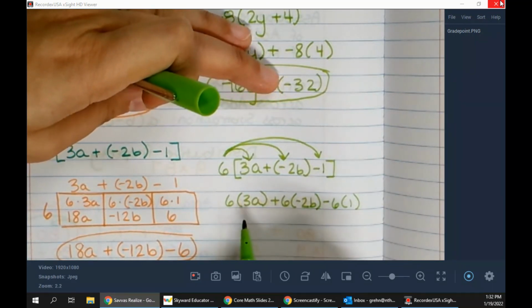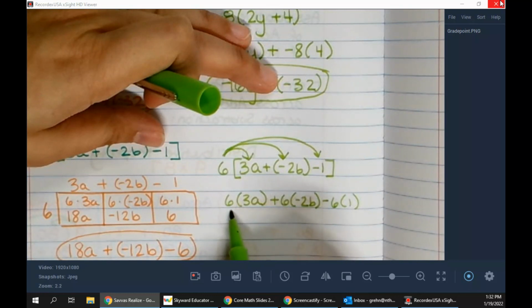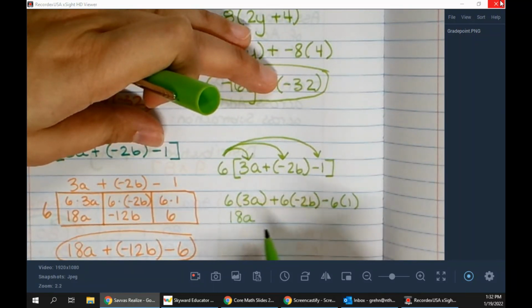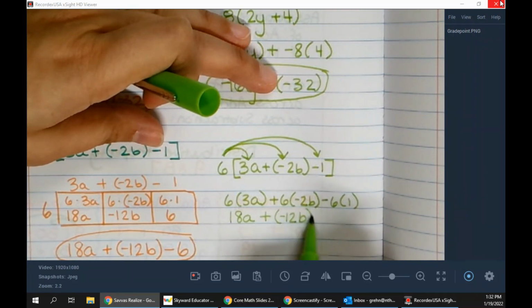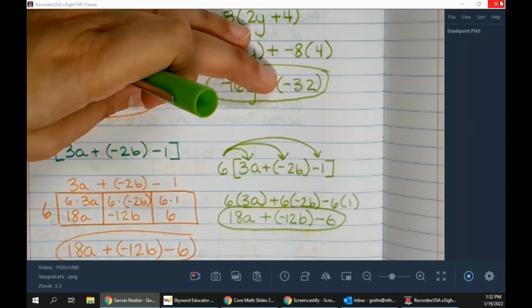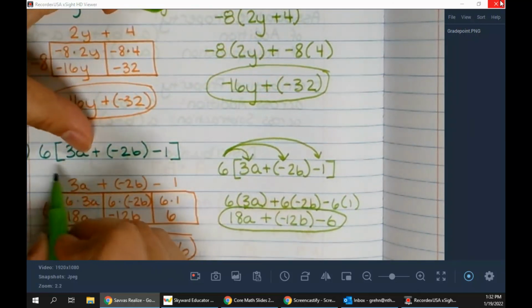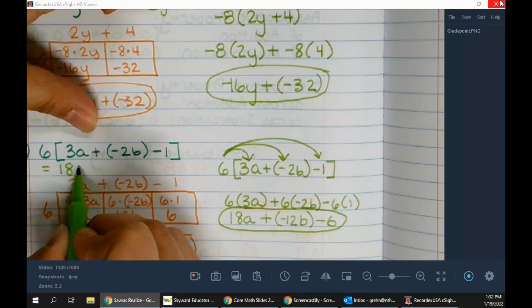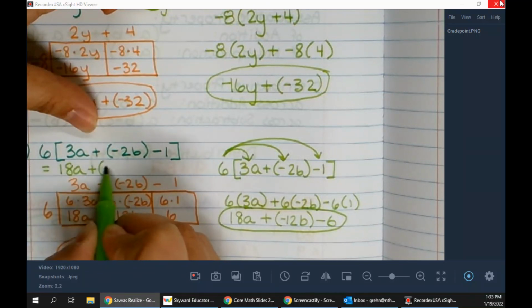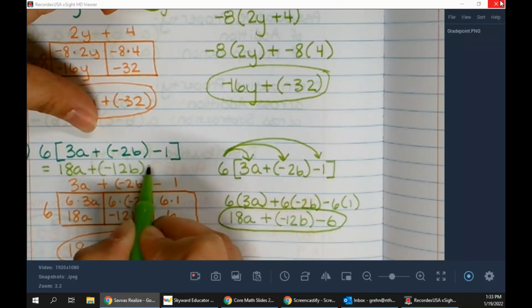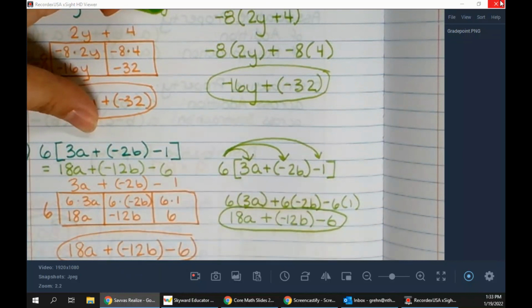Okay, so I can work each of those out now. 6 times 3 is 18, and I'll bring down my variable, plus 6 times negative 2 is negative 12. I'll bring down the b, and then minus 6 times 1, which is 6. So again, we get the exact same expression, but just a different way. So our original expression is equivalent to 18a plus negative 12b minus 6.